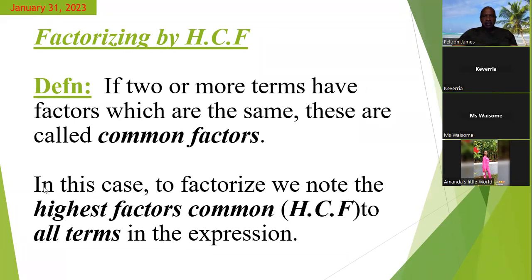Now, in this case, to factorize, we note the highest common factor. Now, the highest common factor here would mean that the highest, in terms of numbers, we would say the highest number that can divide into all the numbers if we have numbers right throughout all the terms.